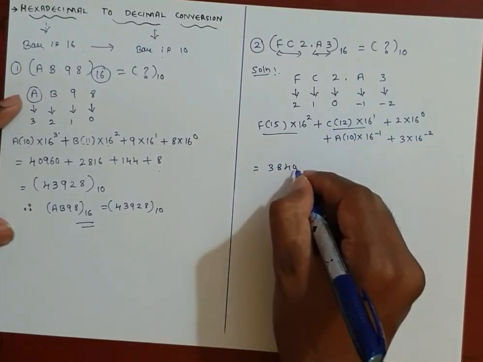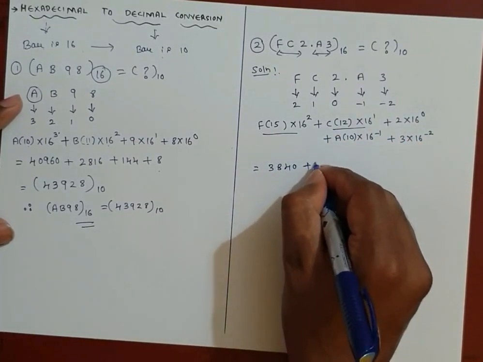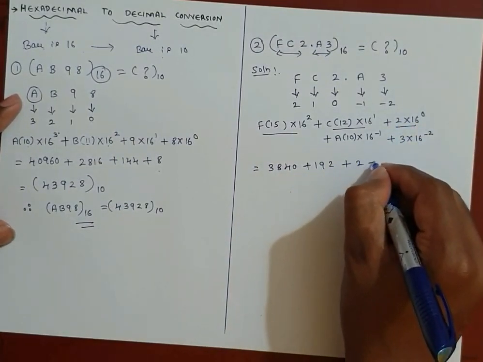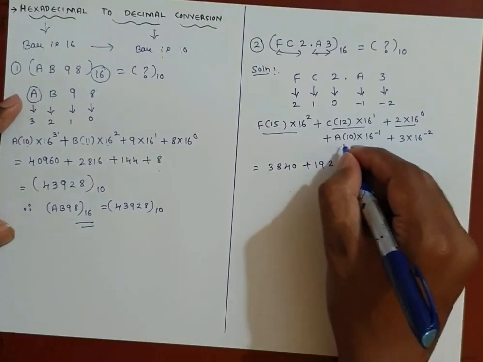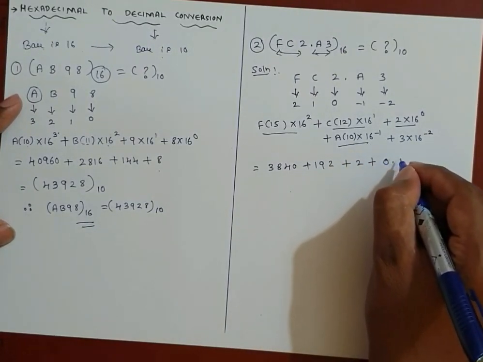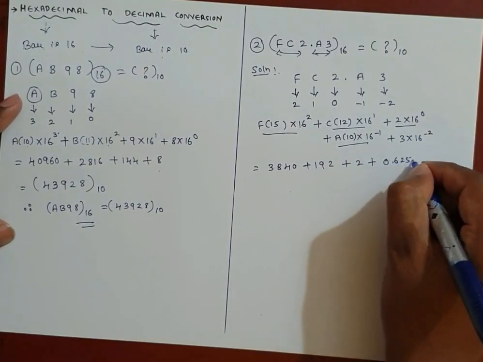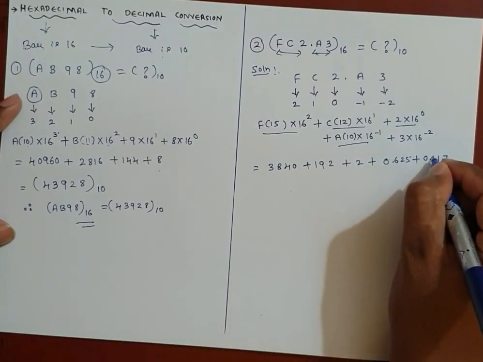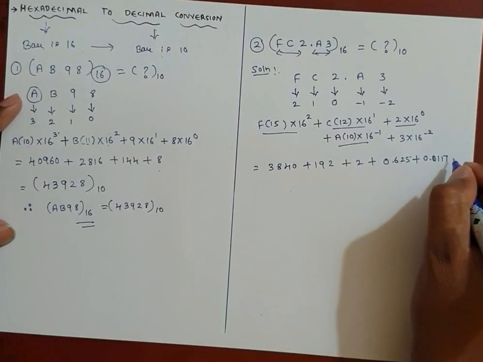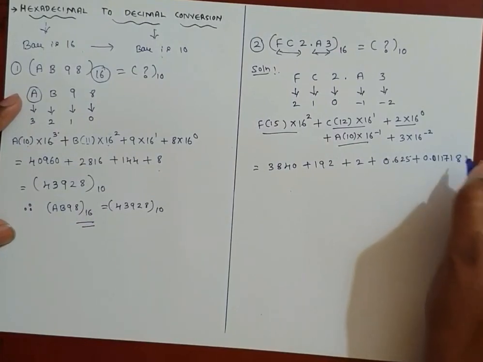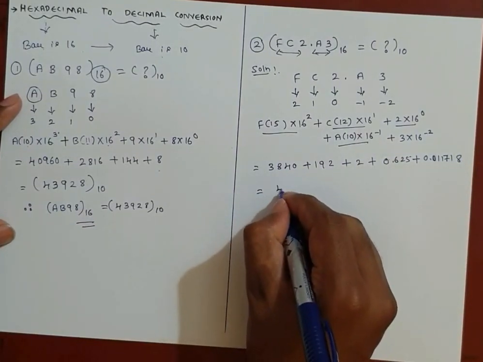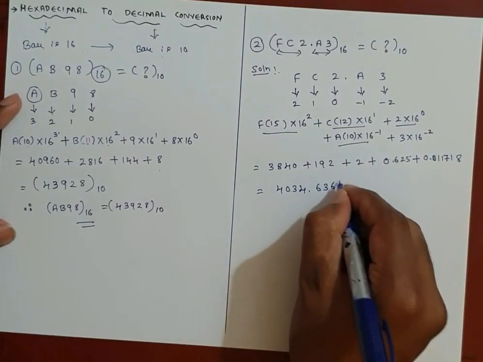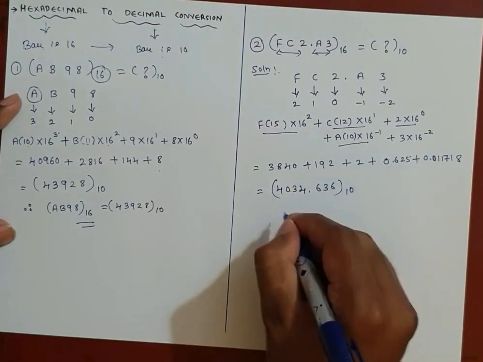3840, this will be equal to 192 plus 2 plus 0.625 plus 0.011718, which is equal to 4034.636 to the base of 10.